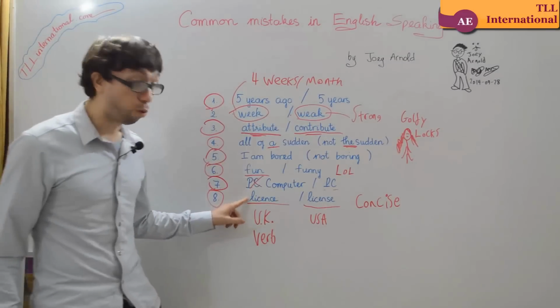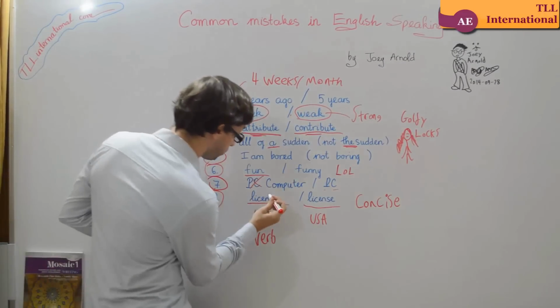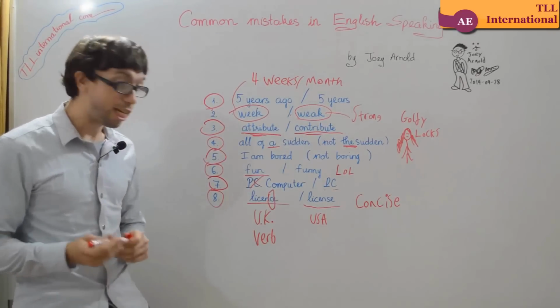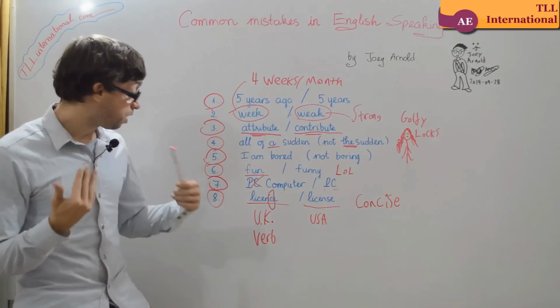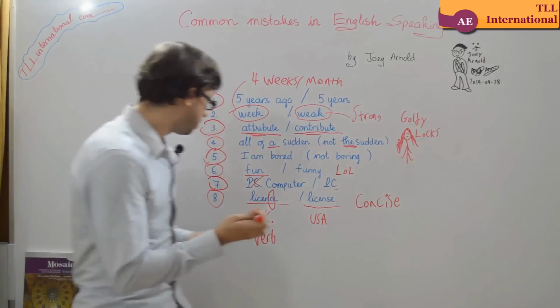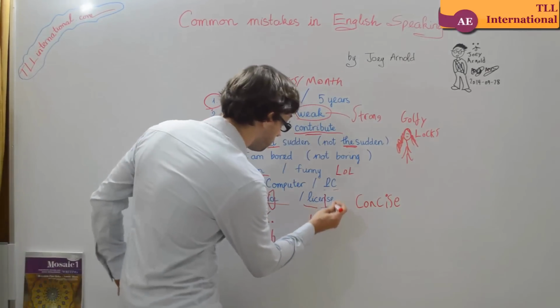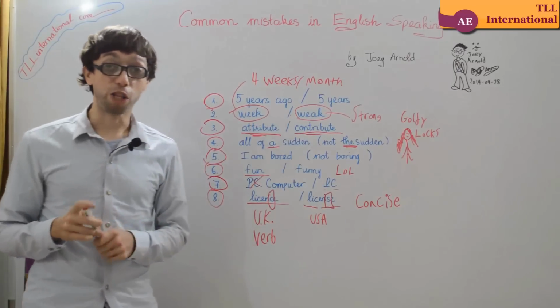When they're talking about this word license, they spell it with a C right here. There's a C before the E, but only for the verb. And then for nouns, they spell it just like America with the S. But in America, we spell it with the S all the time.